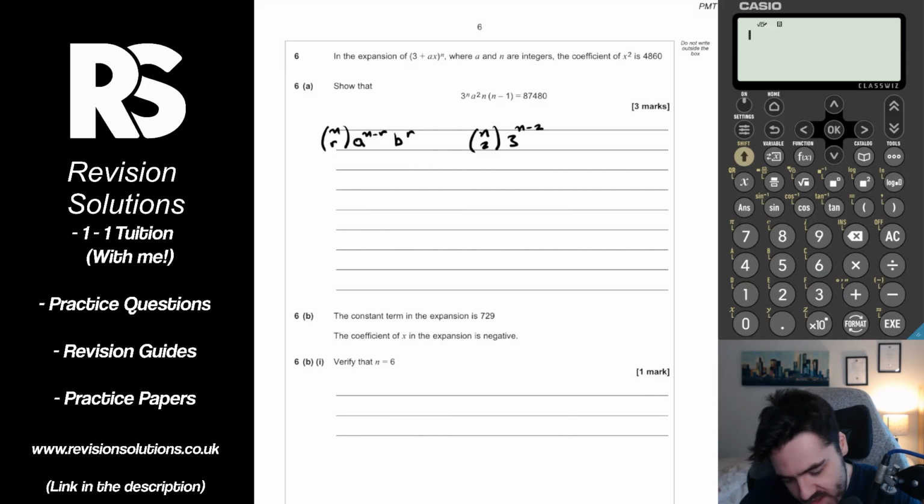And then it will be ax all squared. So we need to simplify this down. First off, if we write out the formula for the choose function, that would be n factorial over n minus 2 factorial, times 3 to the n minus 2. And then this would be a squared x squared over here.